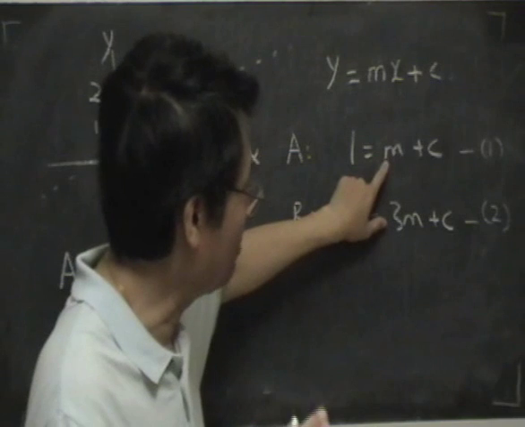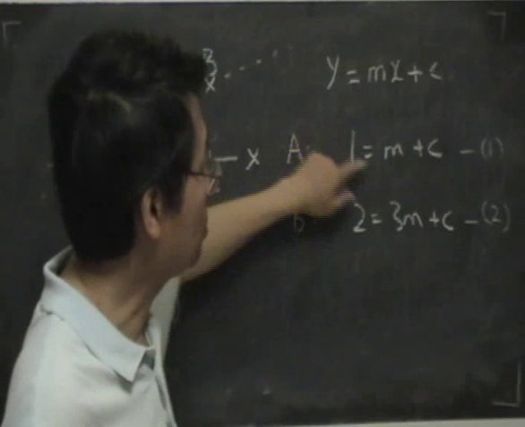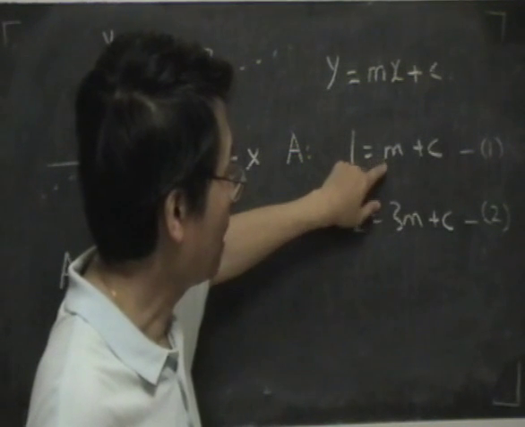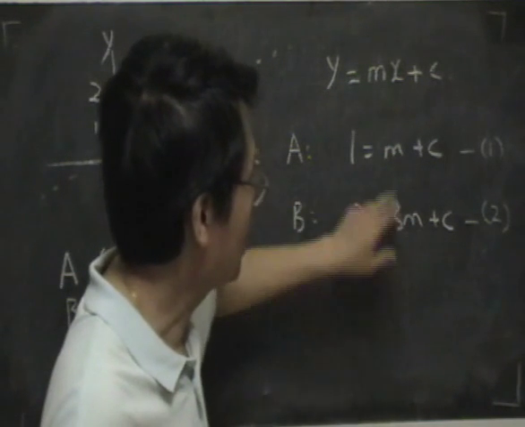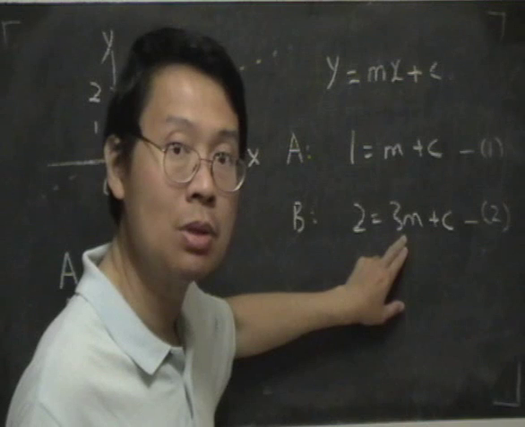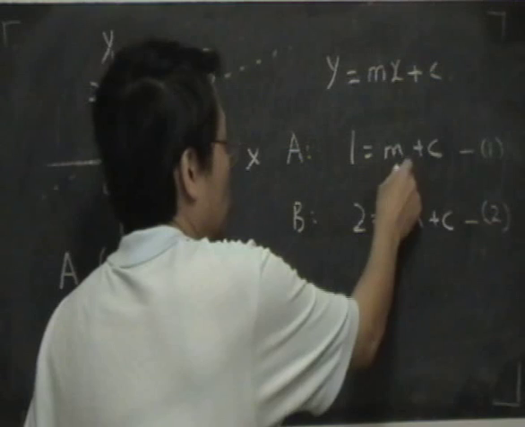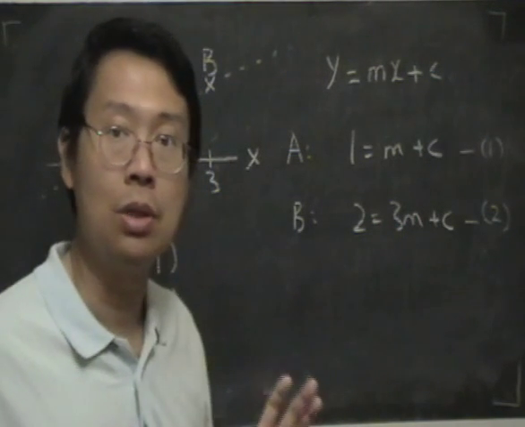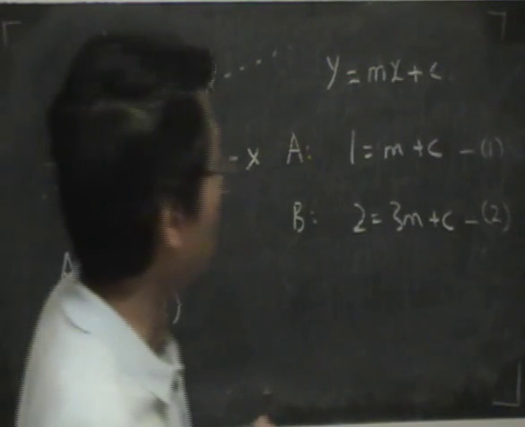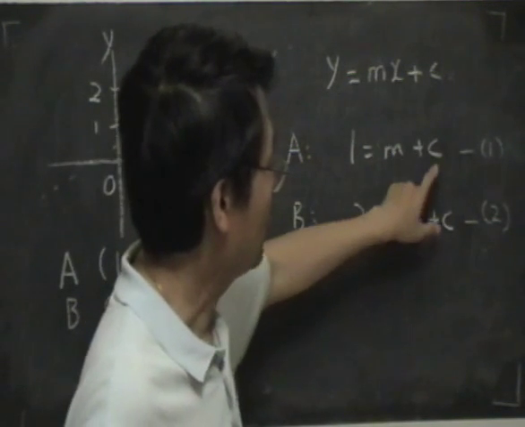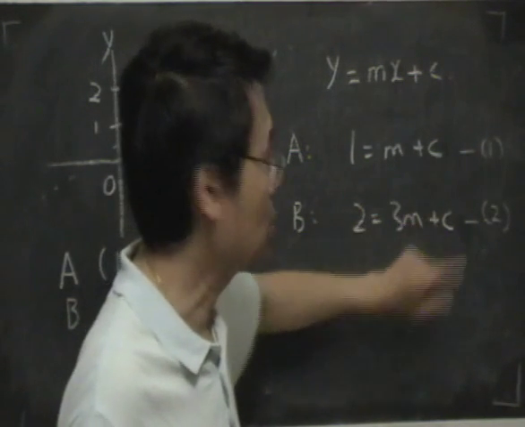Here we have just m, here we have 3m. So you would multiply the first equation by 3 to make the two unknown terms the same. But in this case, we don't have to do that for m because we already have c and c. We already have two terms the same, right?